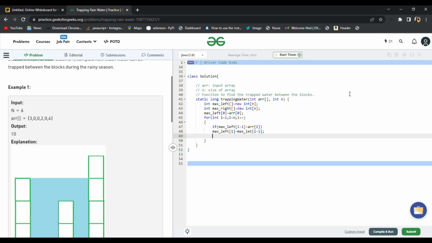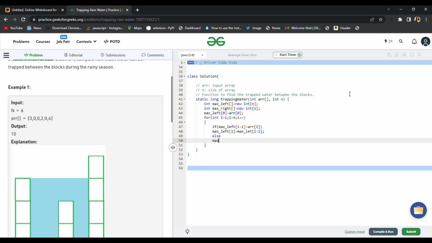Else we need to assign the current index of max left with the current index of array of I.